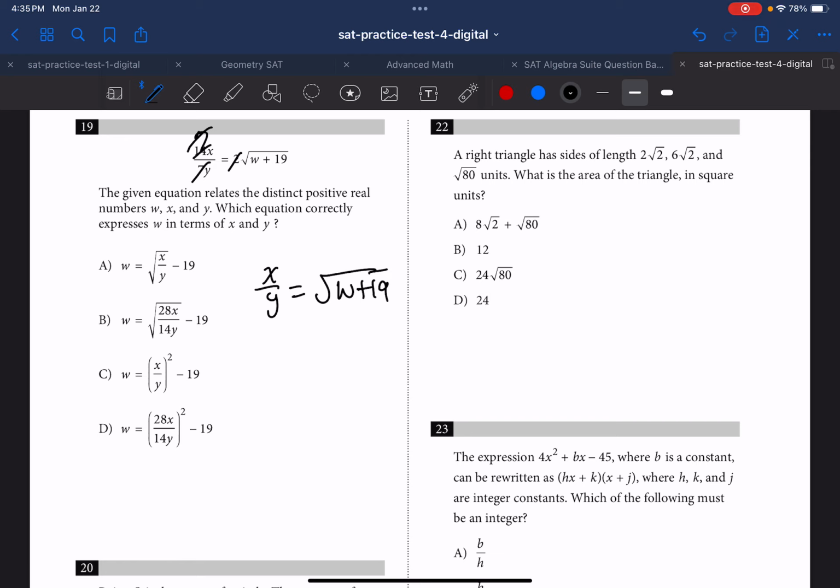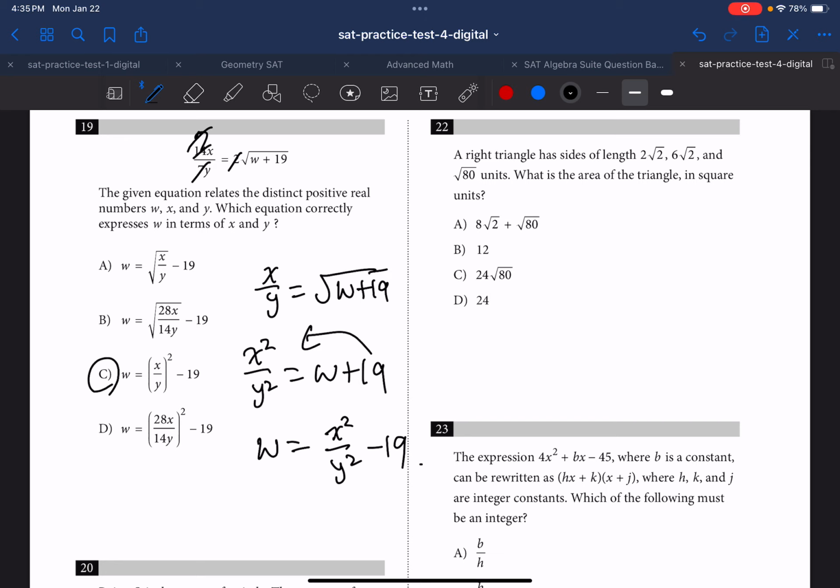So we square each side so that we could get rid of the root. And then we move this over. w is equal to x squared over y squared minus 19. So the final answer would be C.